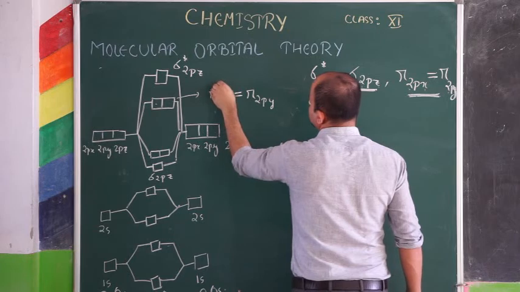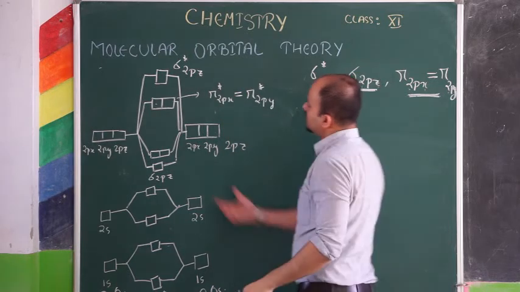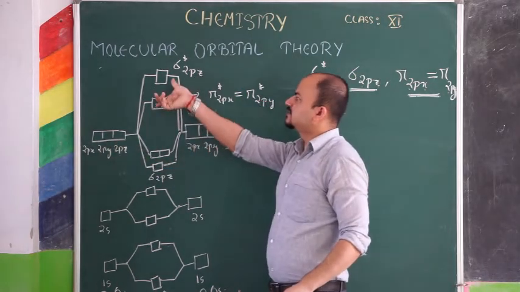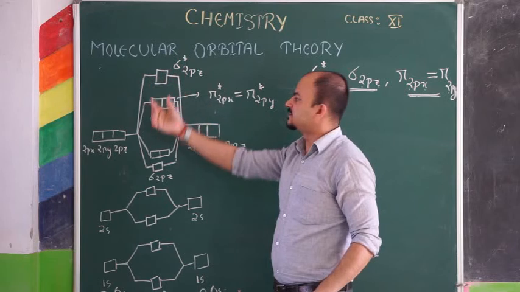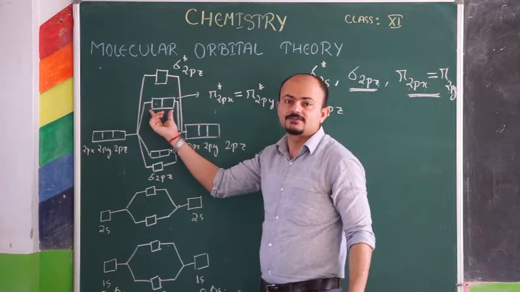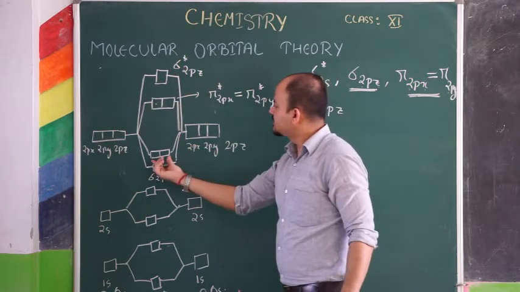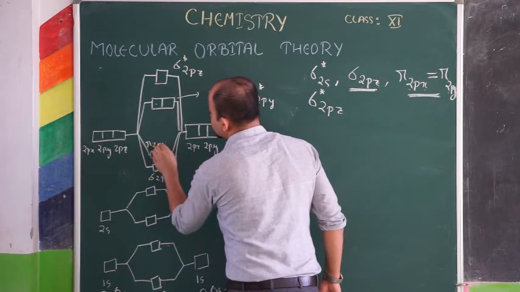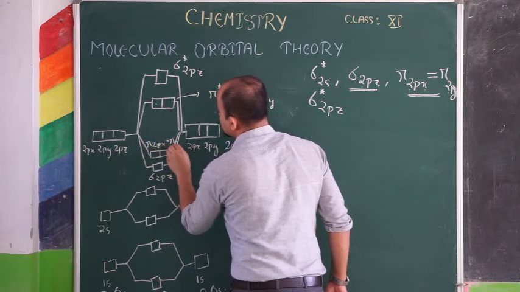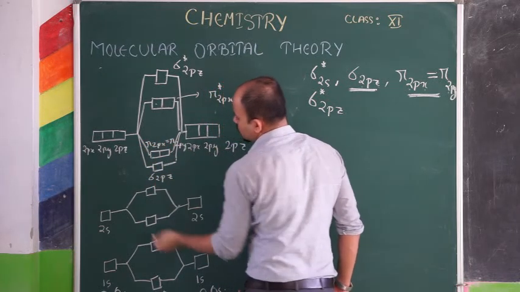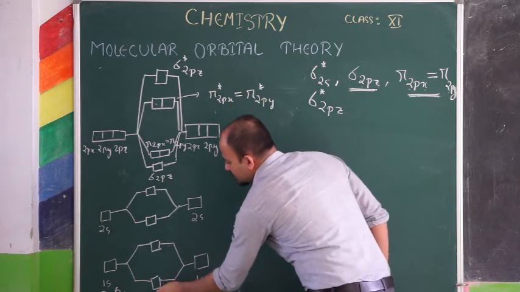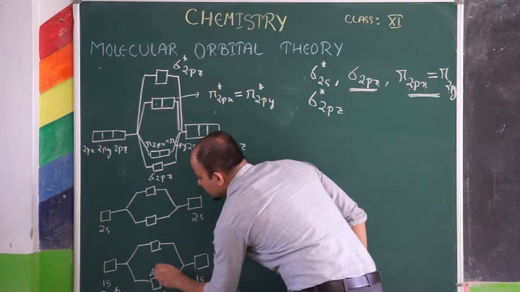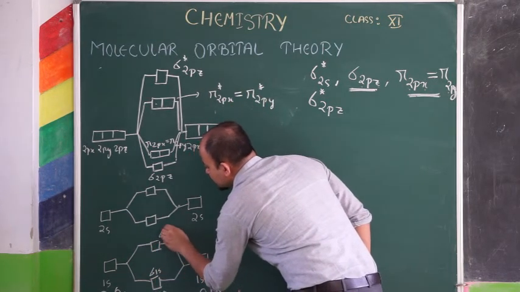Now these are anti-bonding orbitals. Why anti-bonding? These were atomic orbitals. These molecular orbitals are higher in energy, and these two orbitals are descending. Okay, please don't forget. Now this is your pi 2px, which is equal to pi 2py. This I wrote, and this is your sigma 1s. This is your sigma 1s star.